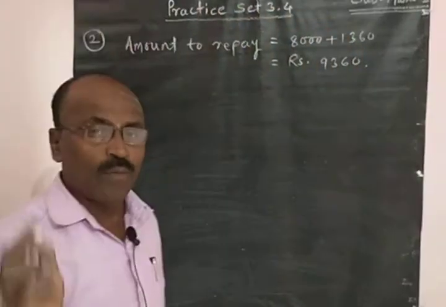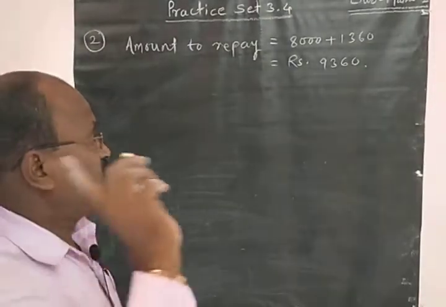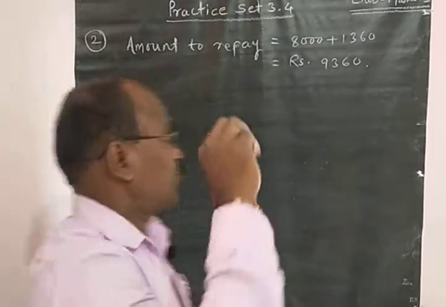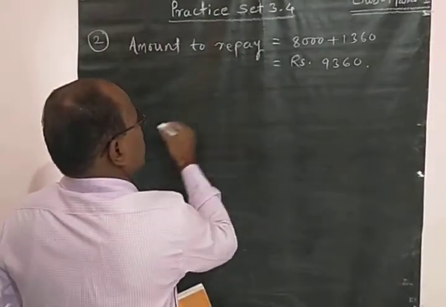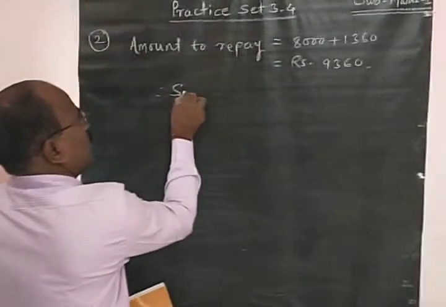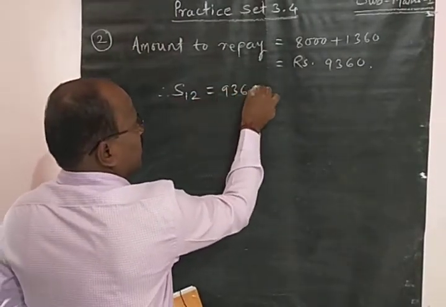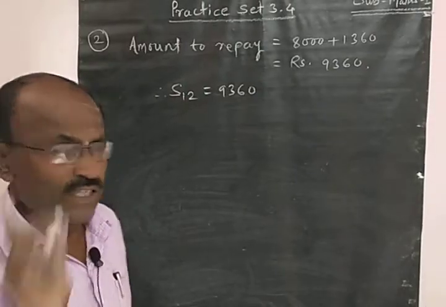It is the total amount. That means it is given that S12. Therefore S12 is equal to 9,360.